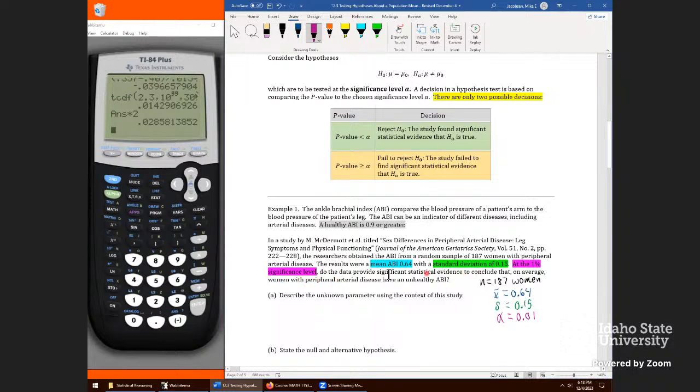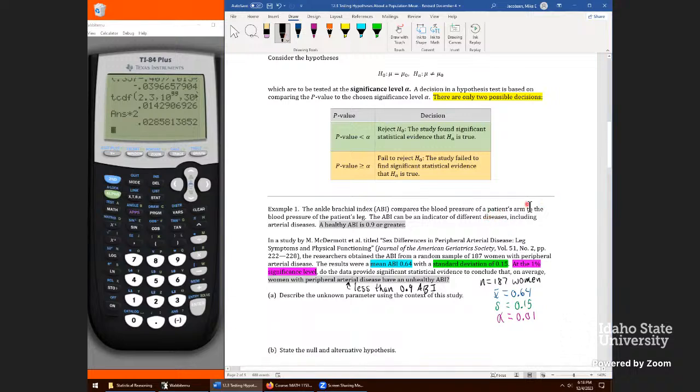Let's highlight maybe here. Women with peripheral arterial disease have an unhealthy ABI. From the top of the problem, they said a healthy ABI is 0.90 or greater. So if they're saying an unhealthy ABI, what we're really saying is less than 0.9 ABI. So this one is really a left-tailed test altogether on the way they pose the question.